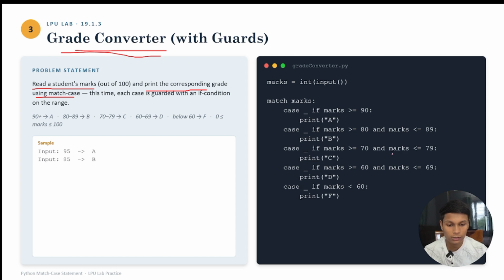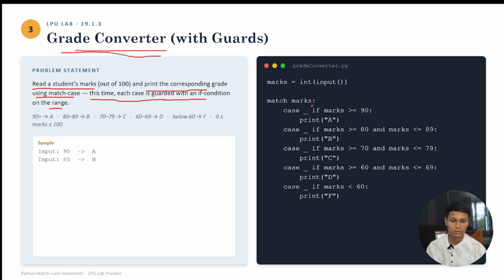Although this question can be done by if-else, there are many ways to solve a single question. But here you can see how we can use match case. This time each case is guarded with an if condition and a range. So inside the match case we are using an if condition.